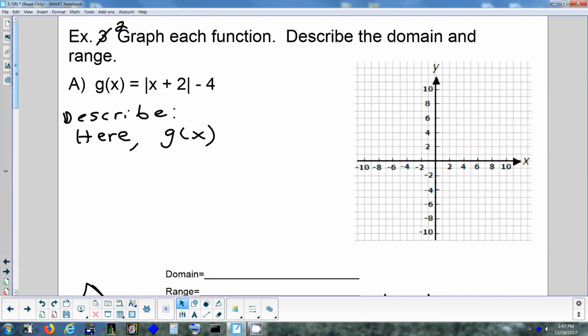So here, g of x, you can start with this, has been shifted. Now you have to describe. Inside the bars, what does that control? Left and right, or up and down?